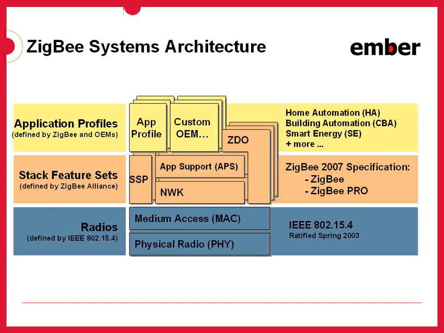Now let's examine the ZigBee system architecture and see who is responsible for which pieces of the system. At the lowest layers we have the MAC, the medium access control, and PHY, physical layer, which relate to the radio and how it's accessing the airwaves.